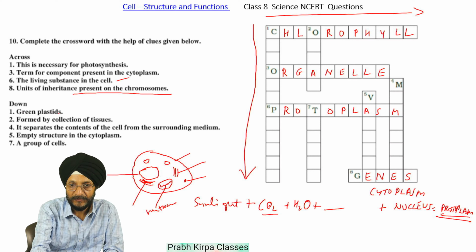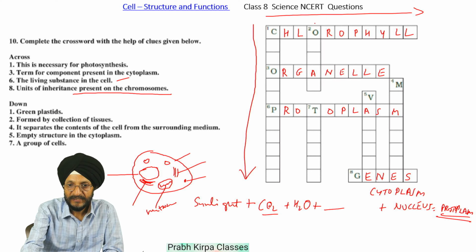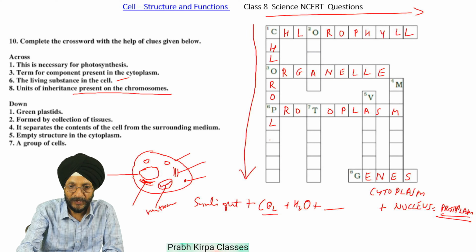Green plastids. Green plastids is one down. These are known as chloroplasts.